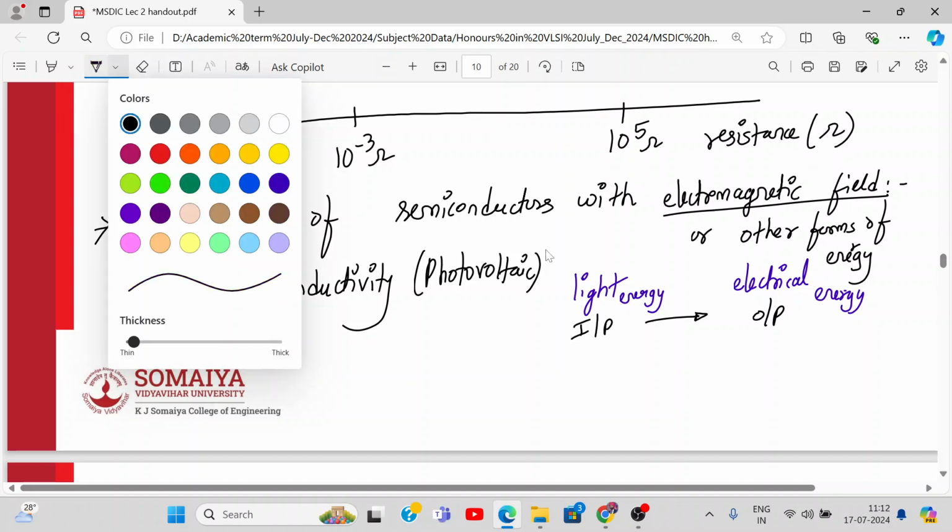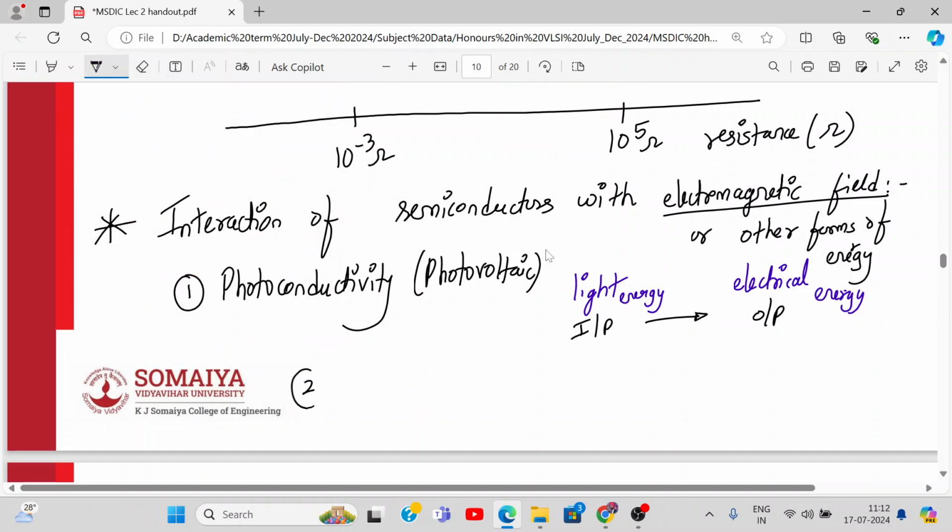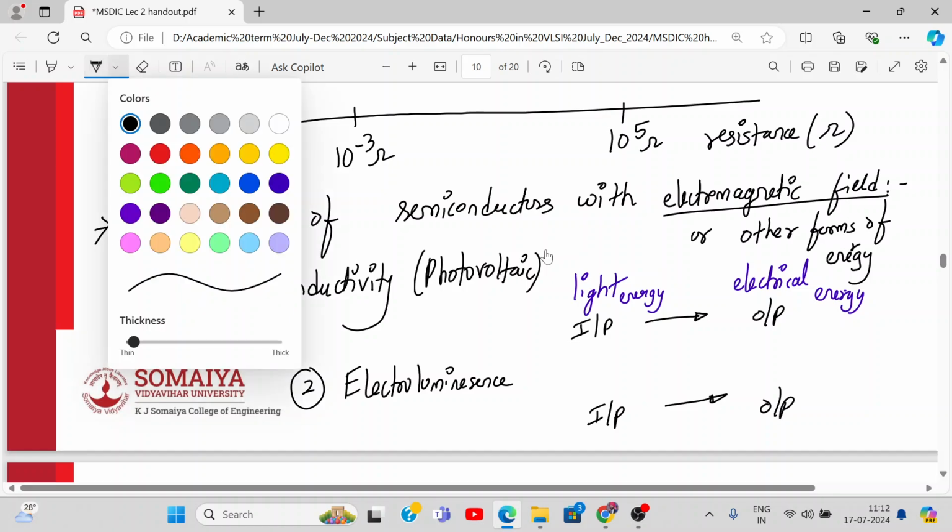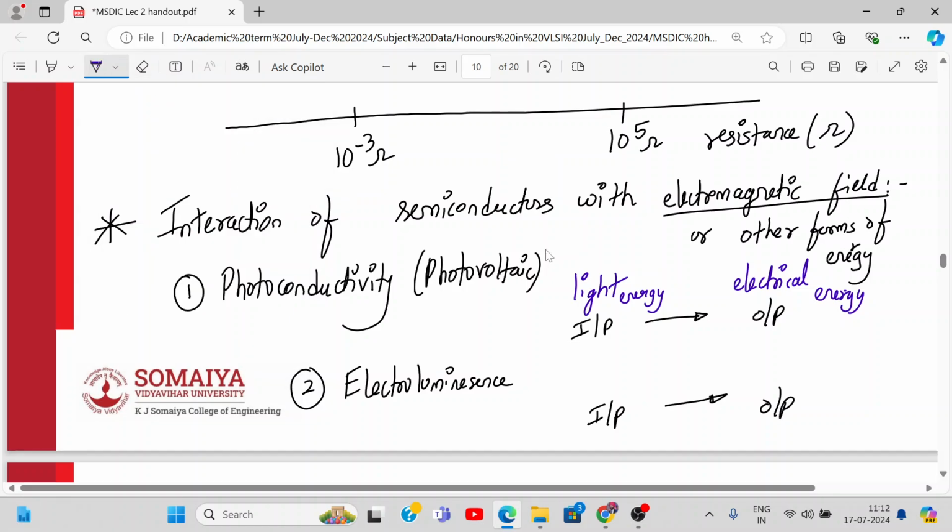Now there is one more phenomenon called electroluminescence. In electroluminescence, what are the input and output? Electro means the input is electrical energy and the output is light energy.